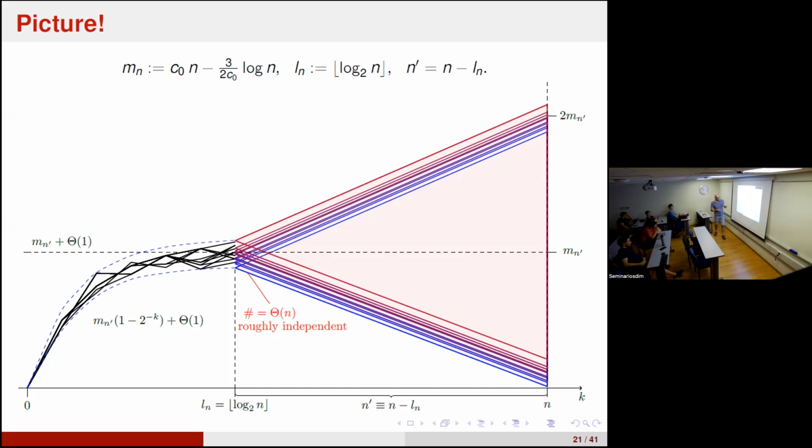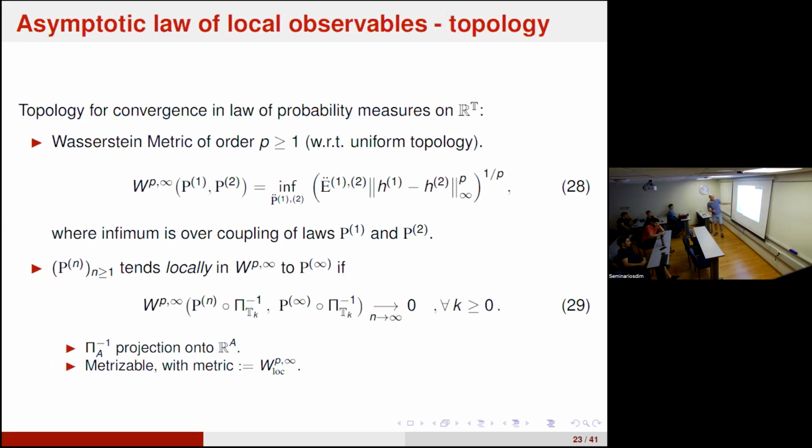So if you want to be able to distinguish order 1 differences in random variables which have unbounded fluctuations, you cannot really use weak convergence or the Prokhorov metric, and we're going to use something stronger, which is called the Wasserstein metric.